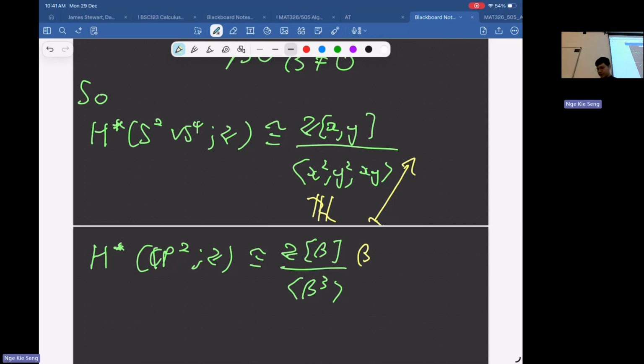They are not isomorphic, because on one side beta squared is non-zero, but on the other side xy squared is 0. Or if you send both of them to x or both of them to y, you also get 0. What about the combination of them? You should also get 0, I think.